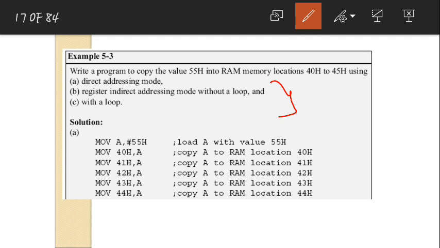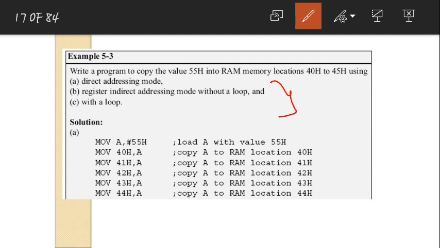So you should use immediate addressing mode for that, to first store that value into some register. After that you should move that value into 40H location, 41H, 42H, 43H and 44H. Okay.